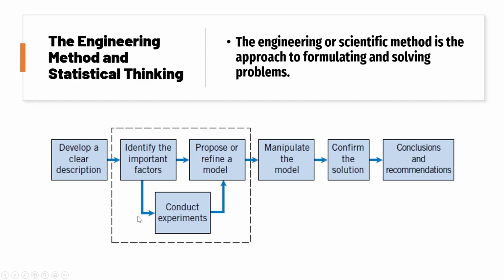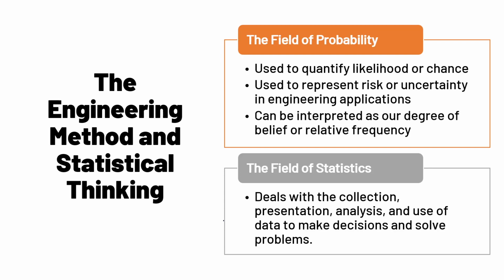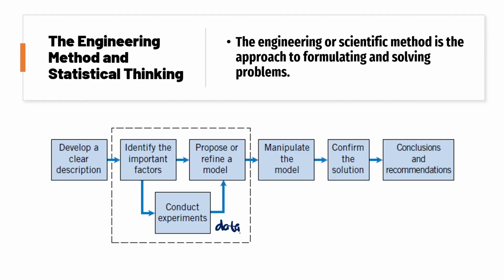After conducting the experiment, you would be able to gather a data, and that data can be used to manipulate the model and to necessarily change the proposed model. Afterwards, we manipulate the model to assist in developing a solution to the problem.